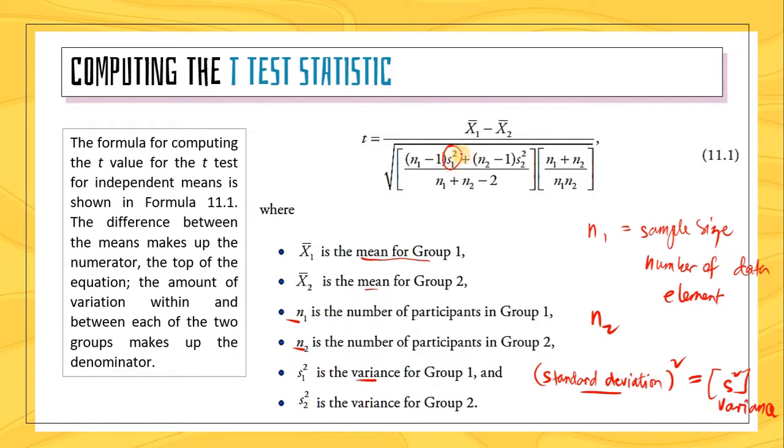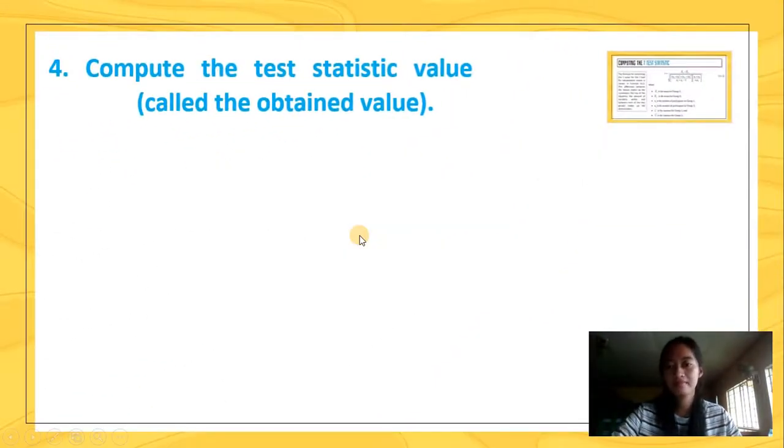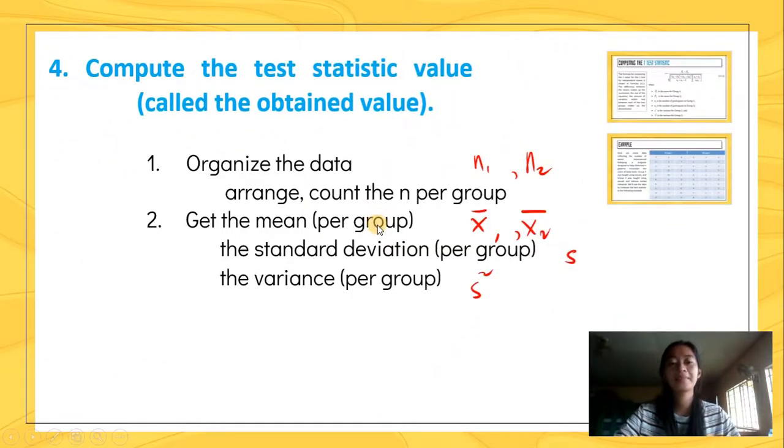So if this is the variance, this is squared already. So dili ka mo balik-balik og square. So mao to siya. You can get the mean, standard deviation, or the variance.